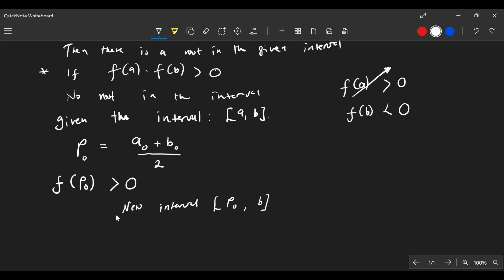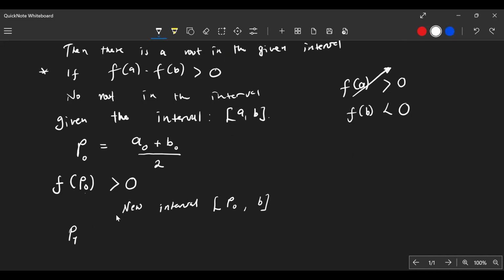So the new interval now becomes P naught, comma, b. Why P naught? Because when you substitute P naught in the function, you get a positive value, and a also had a positive value. So we're going to update this interval by substituting the new value of P naught. And then you're going to get P1.